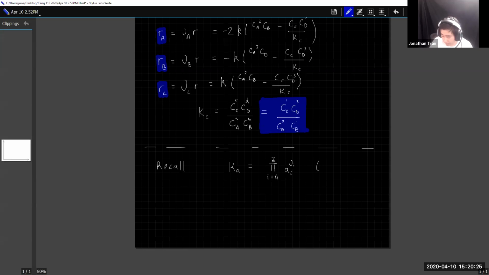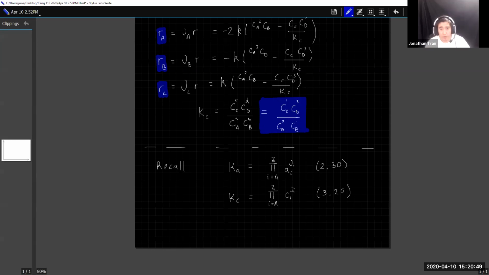If I recall correctly, I think this was equation 2.30. And then our new equation for Kc generally can be defined as the product from species A to Z of Ci to the power of nu I. And this one is equation 3.20.